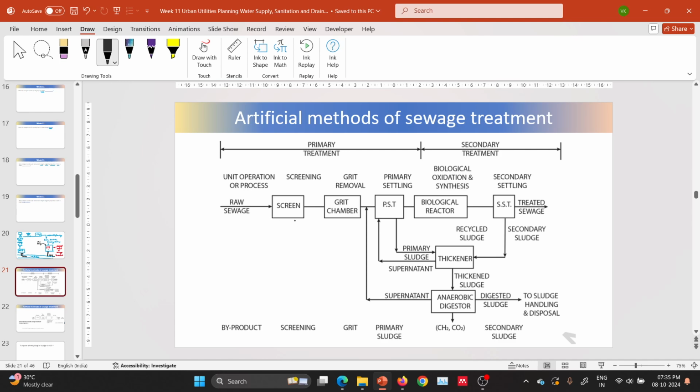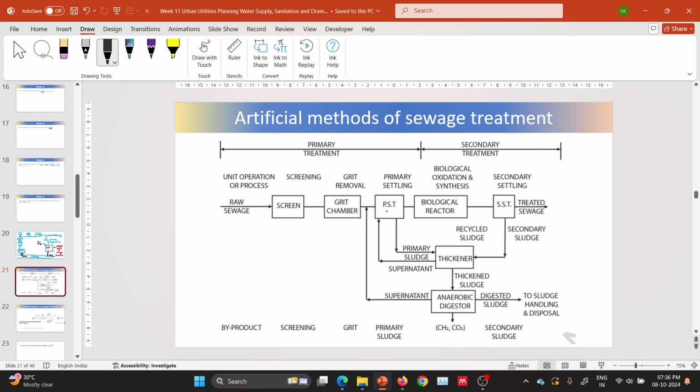After the screens, the inorganic particles which have a specific gravity of around 2.4 to 2.6 will be removed in the grit chamber. The detention time provided for the grit chamber is 1 to 2 minutes. So the grit chamber is nothing but a kind of sedimentation tank. Screens will remove inorganic and organic floating material. Grit will remove inorganic suspended solids.